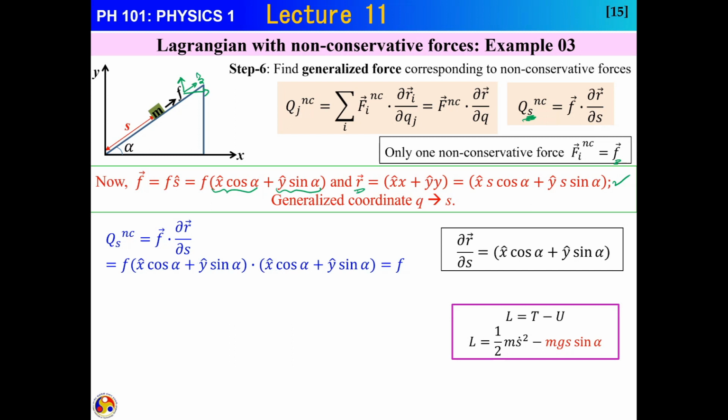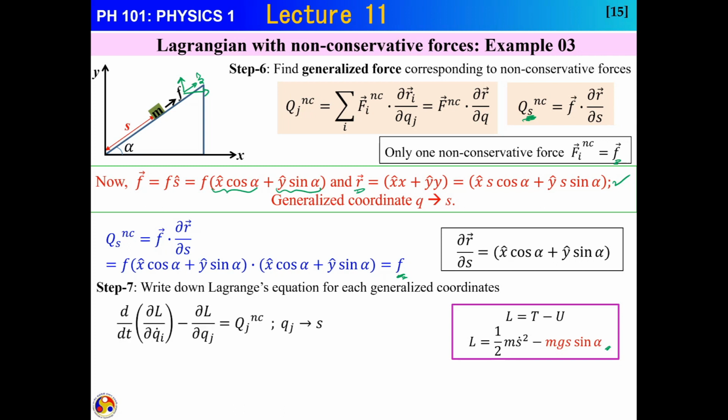So cos square alpha plus sin square alpha will eventually turn out to be 1, and therefore you have only F coming out. Now, knowing L and knowing Q, we can write the Lagrange equation for this generalized coordinate.